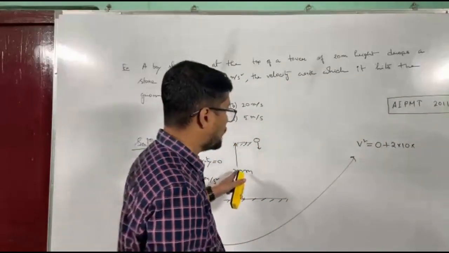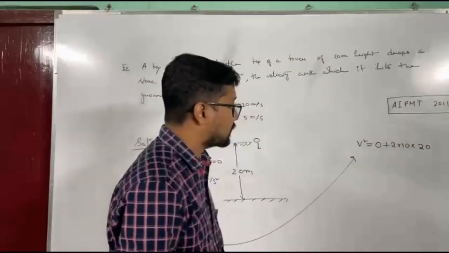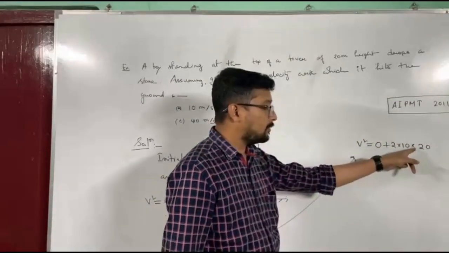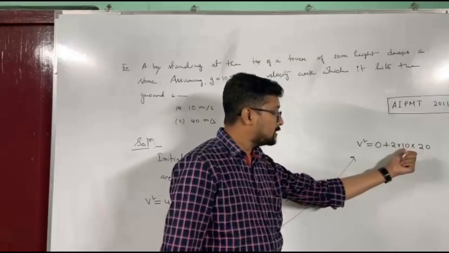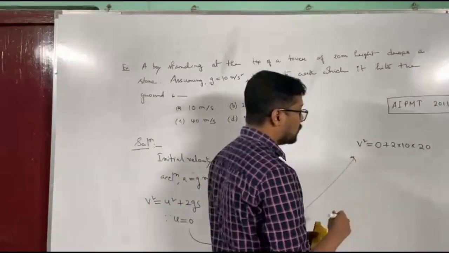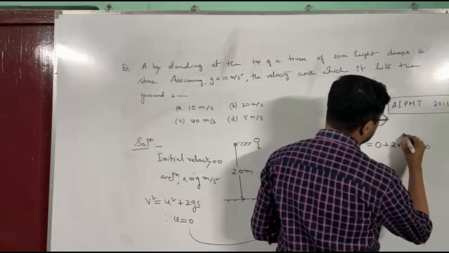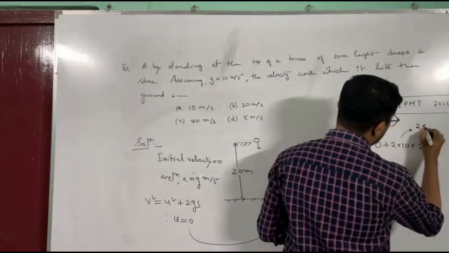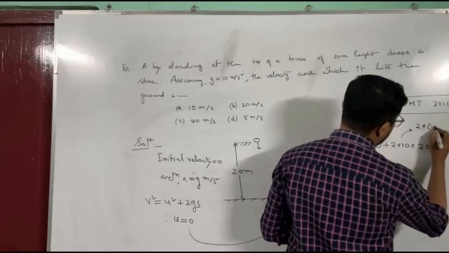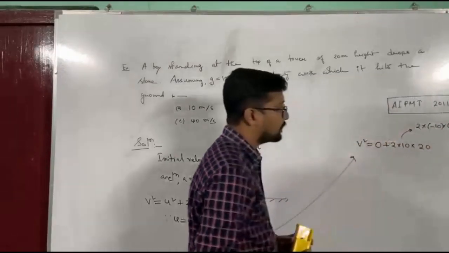This is 20. Now see, here I am writing positive 20 and g also positive 10, but you can also write this as 2 into minus 10 into minus 20.